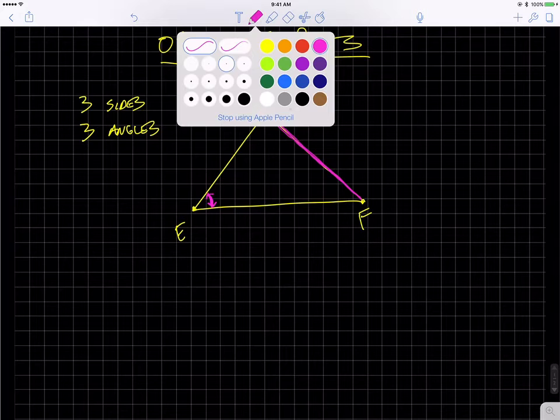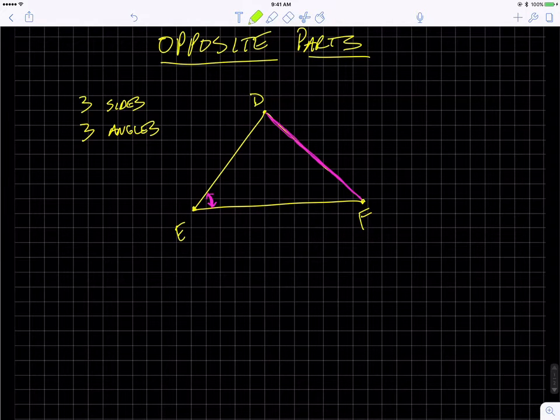Okay, then we've got angle F, which refers to this amount of opening here. How much did that open? And the side opposite angle F is side DE. So angle F is opposite side DE.